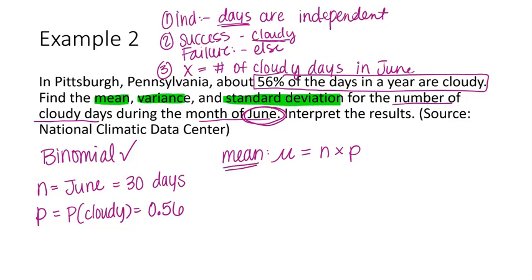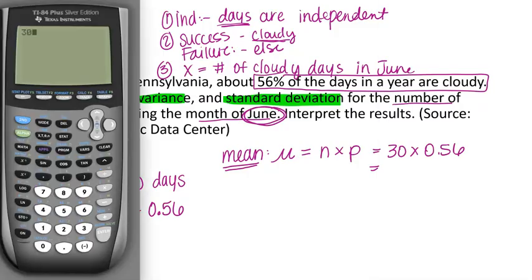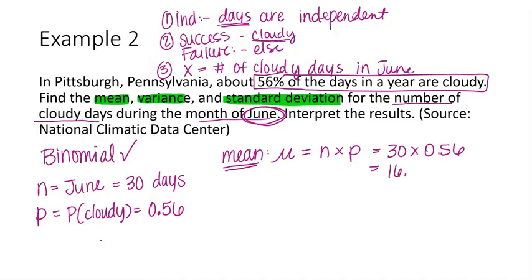That lets me calculate the mean as 30 times 0.56. Let's bring that calculator out. So that 30 times 0.56, 16.8. What does that mean?